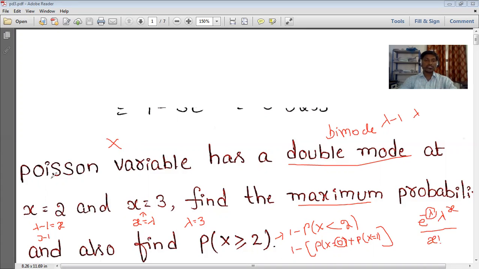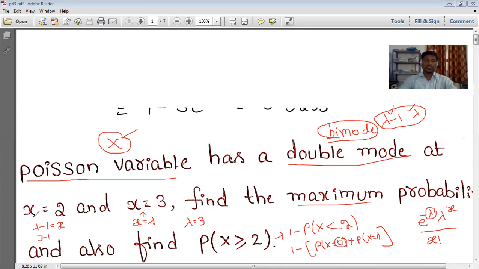So they mention a Poisson variable has a double mode. It means X is a random variable that is a Poisson variable, and it has a double mode, or simply bimode. We already discussed that a Poisson random variable having a double mode has modes at x equal to lambda minus 1 and lambda.